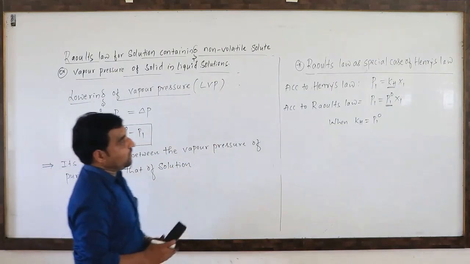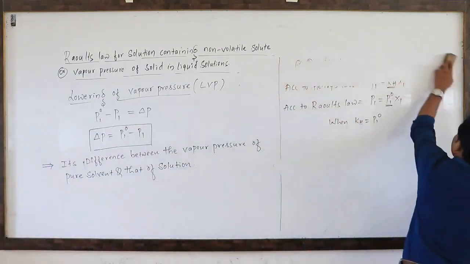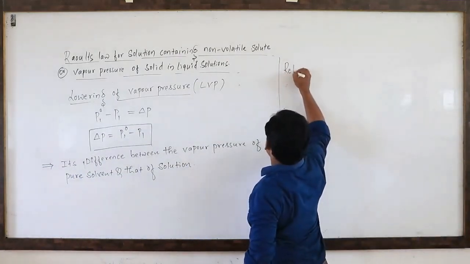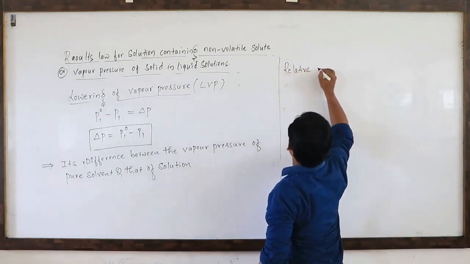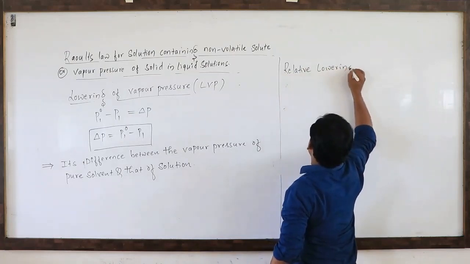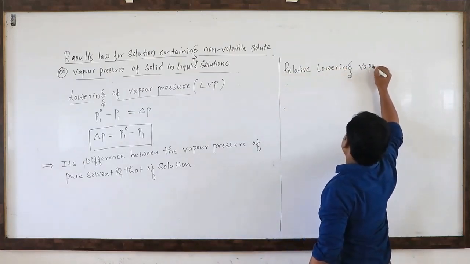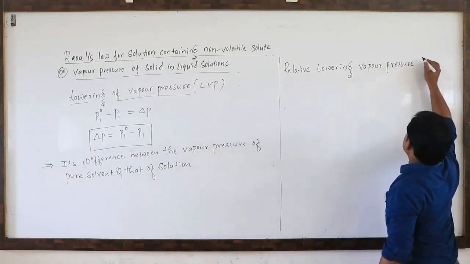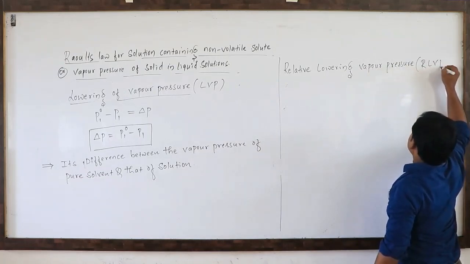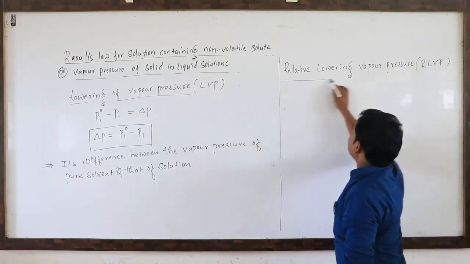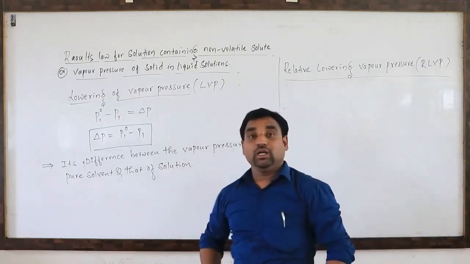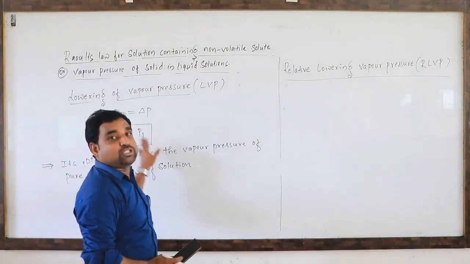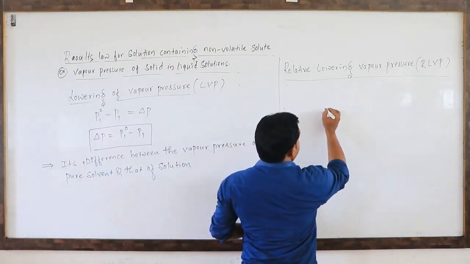Now we will discuss the relative lowering of vapor pressure. Relative lowering of vapor pressure means the ratio between the lowering of vapor pressure of the solution and the vapor pressure of the pure solvent. So what is the lowering of vapor pressure? That is P1 naught minus P1. It is the ratio between the lowering of vapor pressure of the solution to the vapor pressure of the pure solvent.